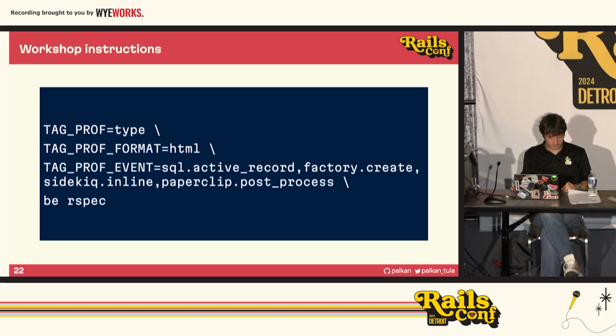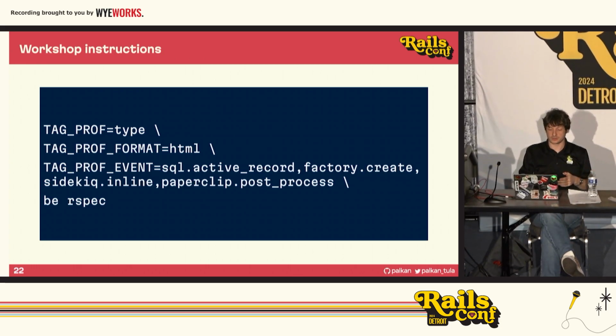So we're going to use the Stackprof profiler. Stackprof is a profiler that is RSpec specific. No, actually not. We already have support for Minitest. It helps you to profile different types of tests in your test suite independently. It shows the time spent in particular events.